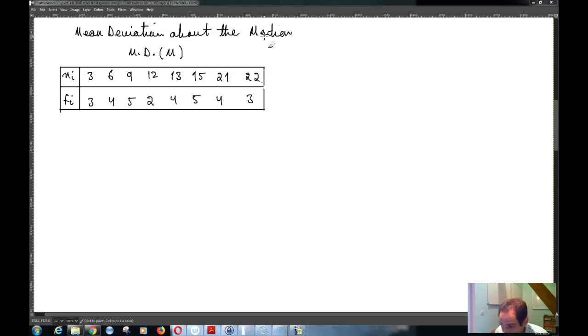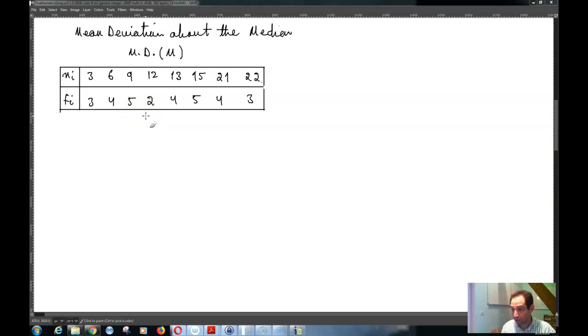To calculate the median of these numbers, it's a little bit different than if you had the numbers simply written out, but that's not a problem, because the cumulative frequency, CF, is 3, 7, 12, 14, 18, 23, 27, and 30.